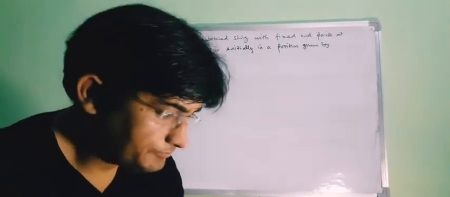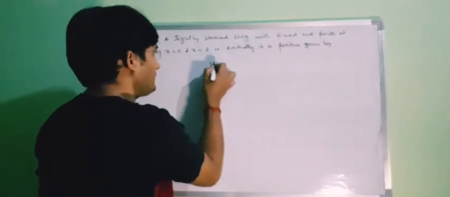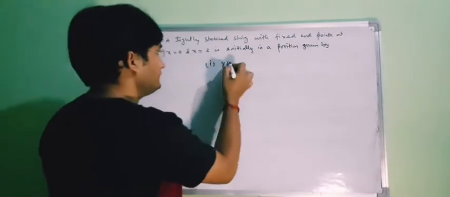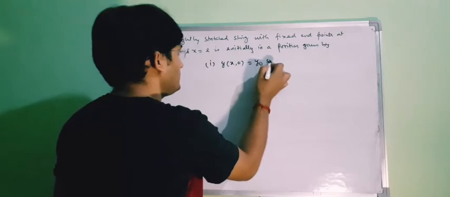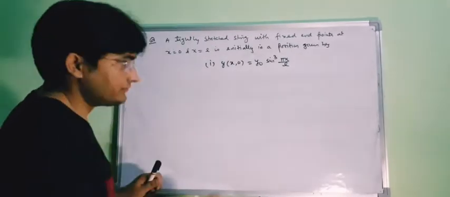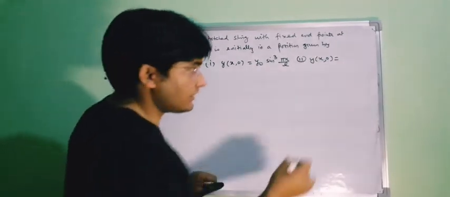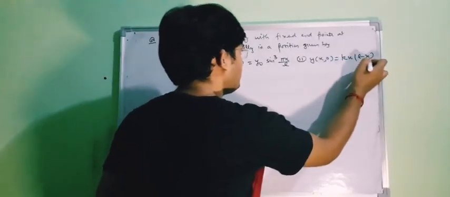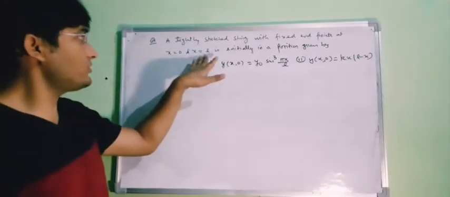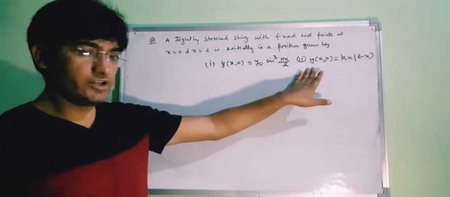In the first case, let us assume that initially it is in a position given by y(x,0) equal to y naught sin cube pi x upon L, and for the second question, let us assume y(x,0) is equal to k x (L minus x). So a tightly stretched string with fixed endpoints at x equal to 0 and x equal to L is initially in a position given by these two conditions.